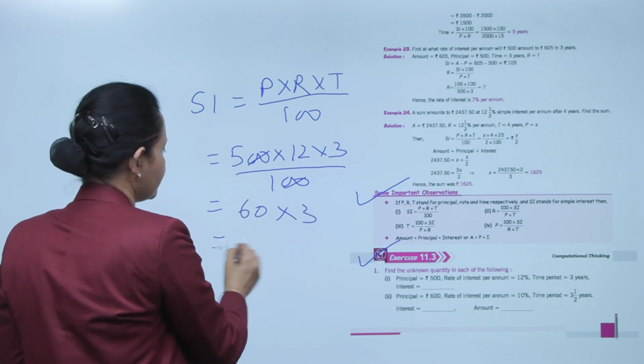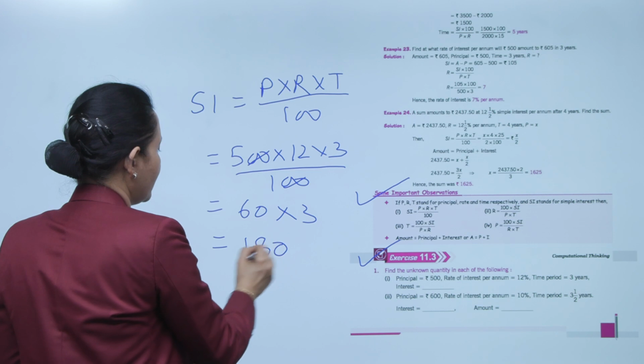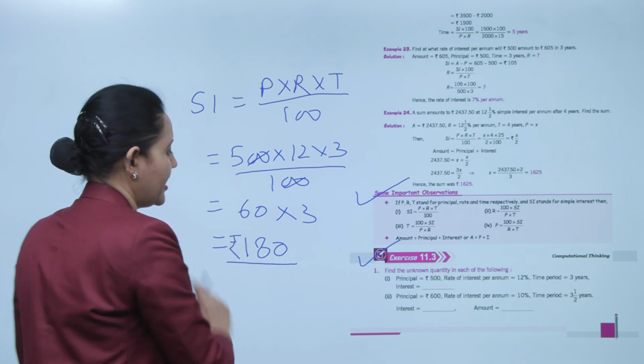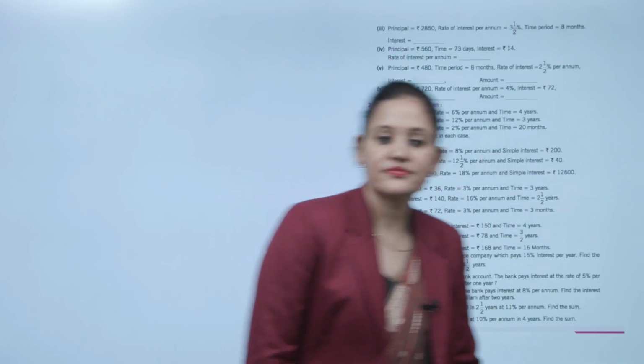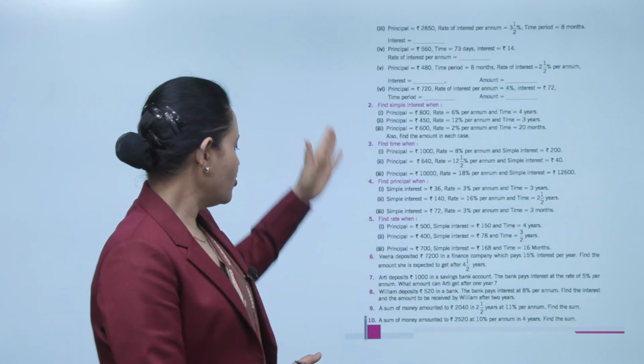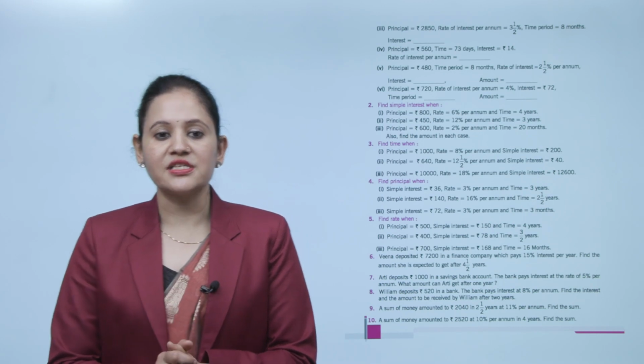So 60 into 3 equals 180 rupees. That is the interest. Clear? So you have to practice all these questions of this exercise.